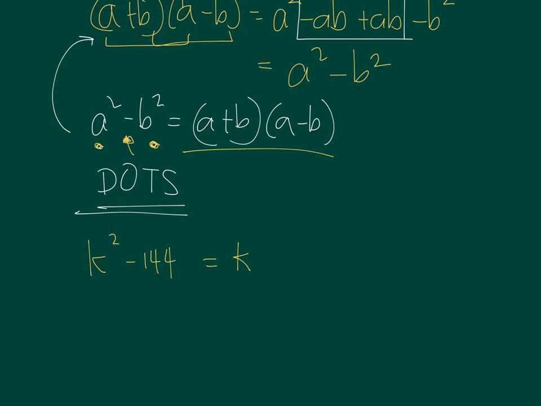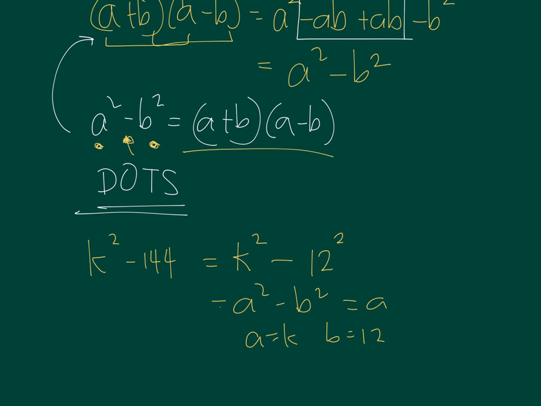So k squared is already a square. Okay, so it's a difference, so it's given minus. But 144 is also the same as 12 squared. So this is like your a squared minus b squared, where a is k and b is 12.